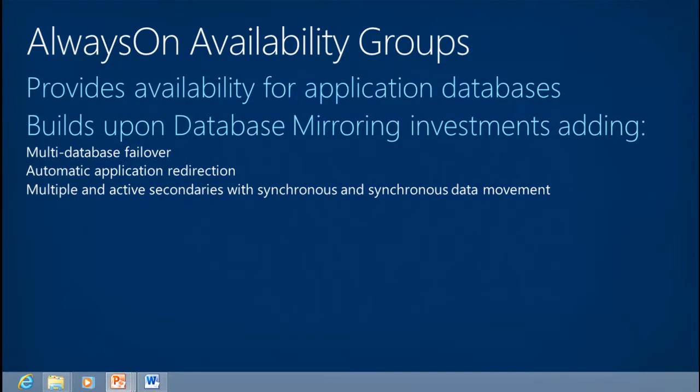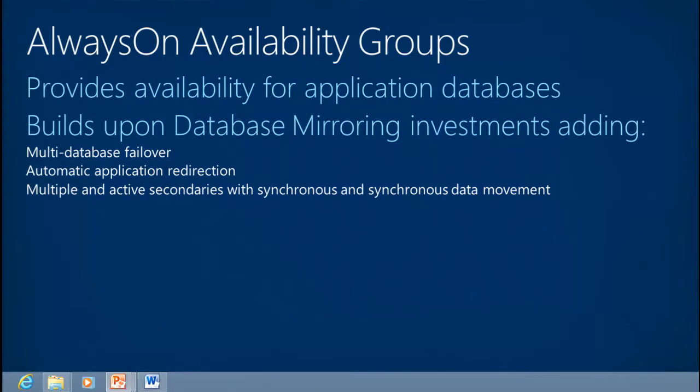If you think about log shipping, I can have one primary and multiple secondaries. So log shipping enables you to send a transaction log to multiple secondaries. Always On takes the best of database mirroring by providing granularity at the per transaction level, but it also takes those capabilities from log shipping, which enables you to mirror to multiple secondaries.